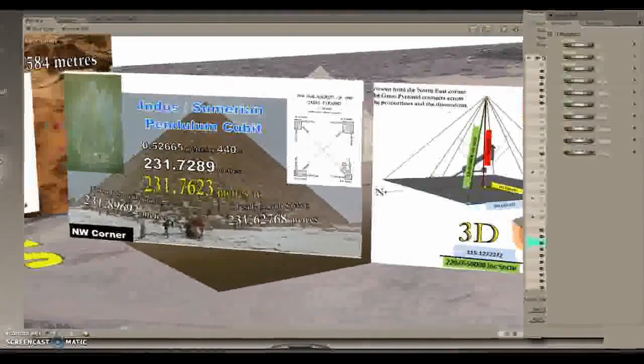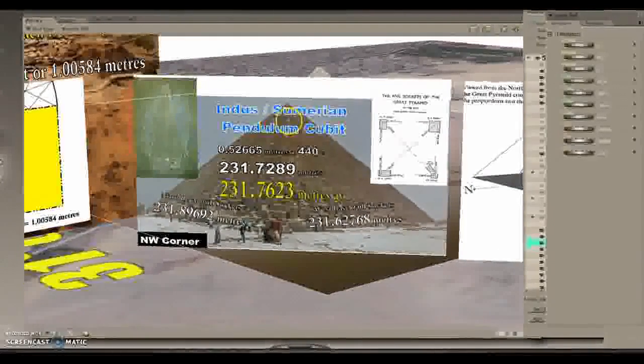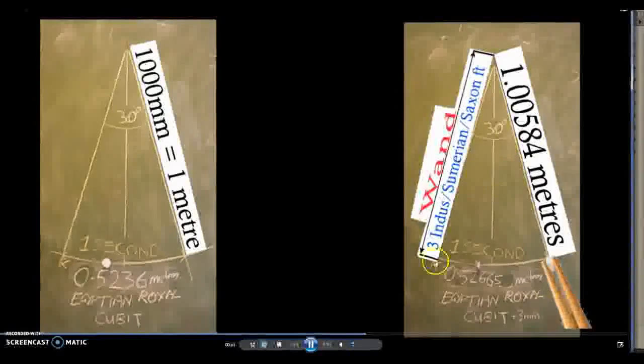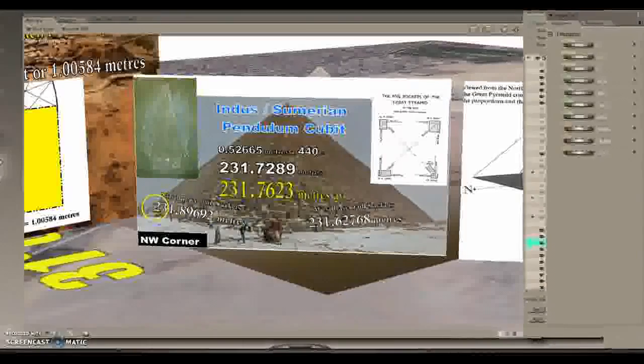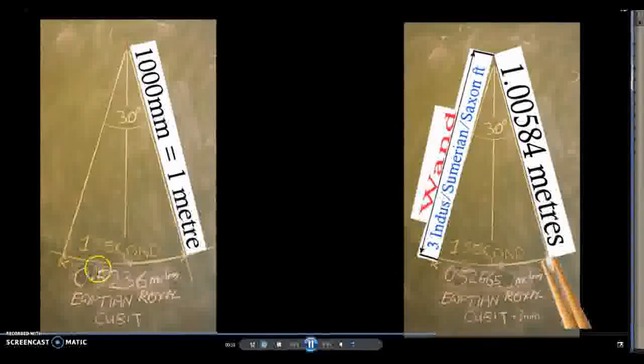But of course, that is also where the Indus or the Sumerian pendulum cubit, which is ever so slightly longer, also happens to describe the base of a pyramid, including the sockets, as where the Egyptian royal cubit of 0.5236 meters describes the pyramid itself times 440.